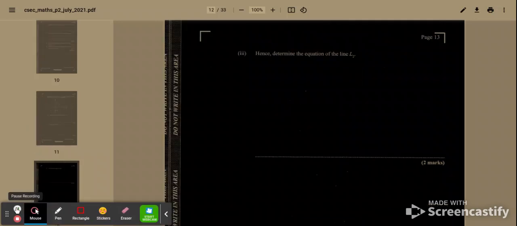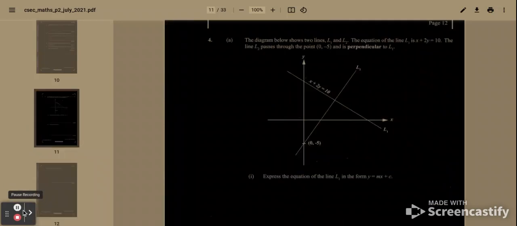It states, hence, determine the equation of the line L2. So let me show you something. Being that they want you to find the equation of the line L2, we can find the gradient first, because we need to find the c value and the gradient. As you know, c is the y-intercept, so we need to find the y-intercept along with the gradient.